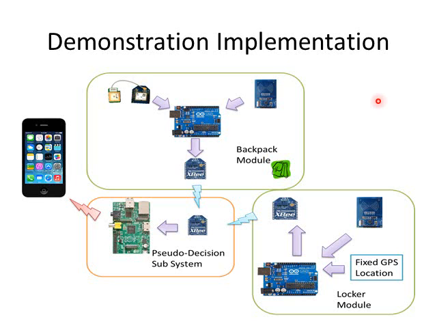Now over here is what I demonstrate in my first revision of the project. In order for me to simplify the decision-making subsystems, I brought the decision subsystem into a single centralized decision subsystem, which takes inputs from a locker module as well as a backpack module, and it pushes that data to my user interface, which happens to be my iPhone, in the form of a text message.